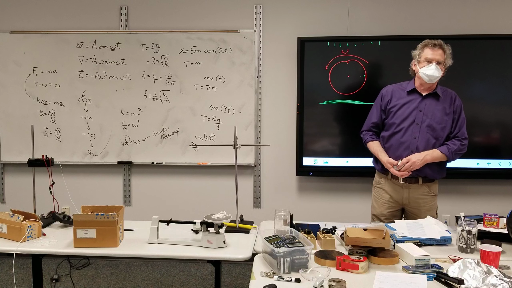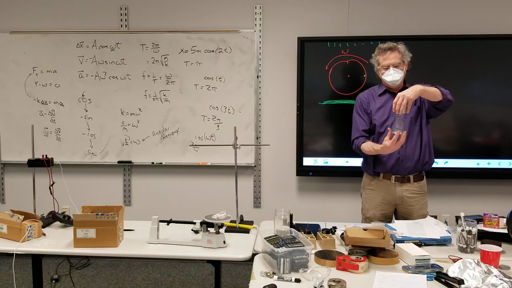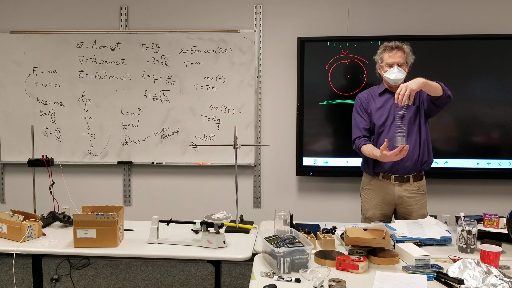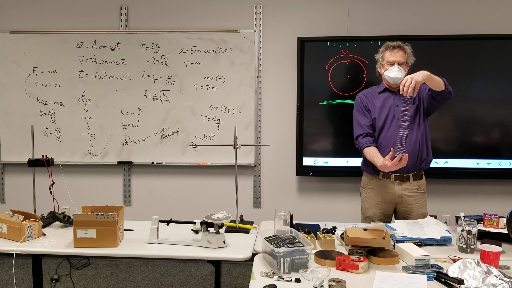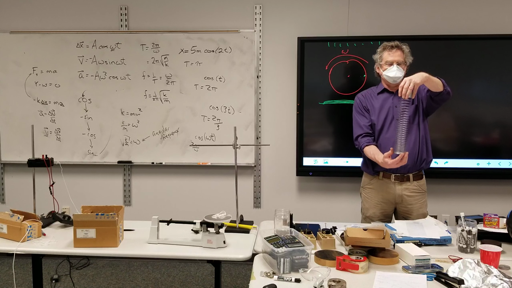I now have a timing device. If I want to figure out what a second is, or how long it takes to go up and down, I can now start doing timings. If the period is 1 second, I can break it down into quarter seconds, because it takes a quarter second to get there, another quarter second, and so on, and then 1 second to get back to where it started.